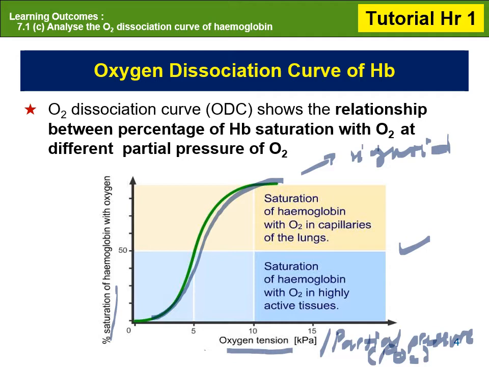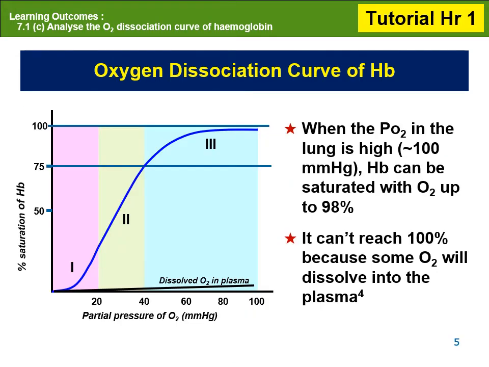So hemoglobin binds with oxygen to form oxyhemoglobin. So the ability of oxygen to bind to hemoglobin or release from hemoglobin mainly depends on the partial pressure of oxygen, partial pressure of carbon dioxide, pH and temperature.